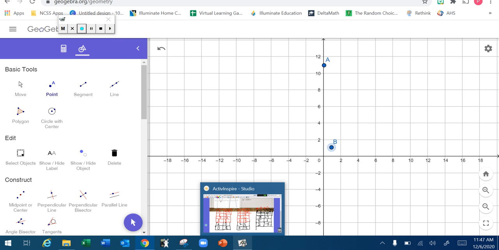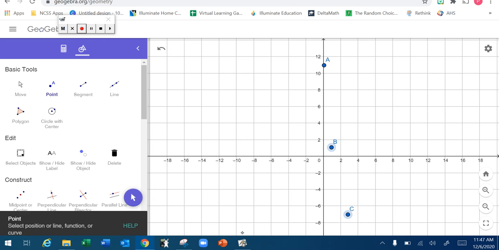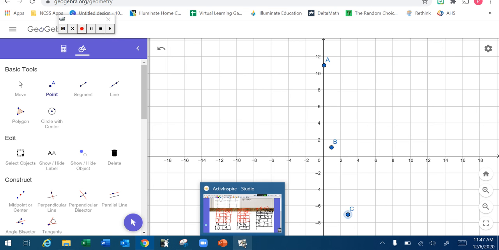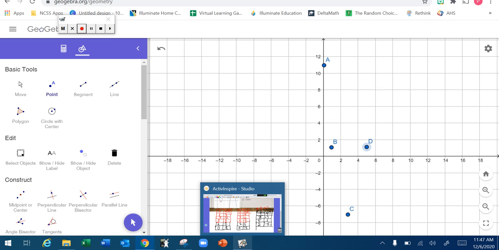And then we get 3 and -7. And then we get 5 and 1. See, that made me think it was going to be a parabola.